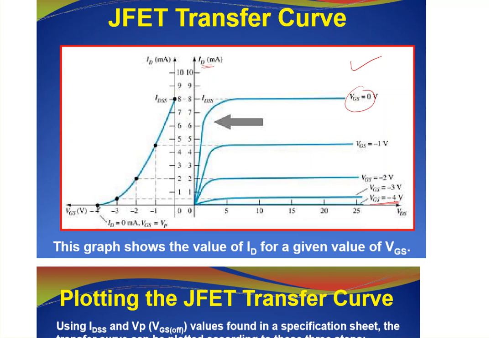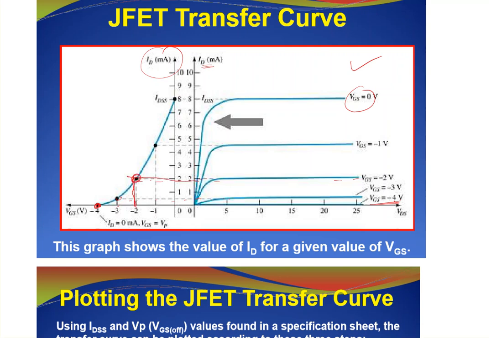So I will go here and say, okay, this is ID equal to 0 for the value of minus 4 VGS. Then I will increase. This is minus 3, so this is minus 3 here. What will be the value? It's exactly the value we have at the saturation here. So I will just move it here, and then at minus 2, I will go here and see the intersection between minus 2 and this one.